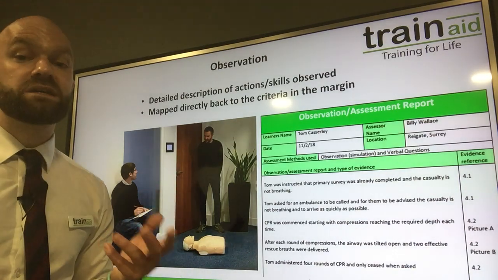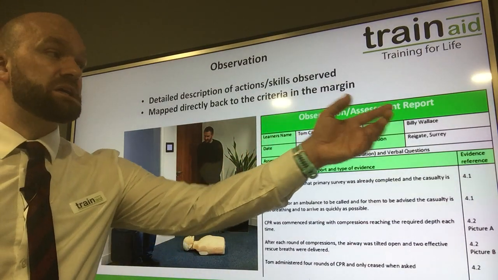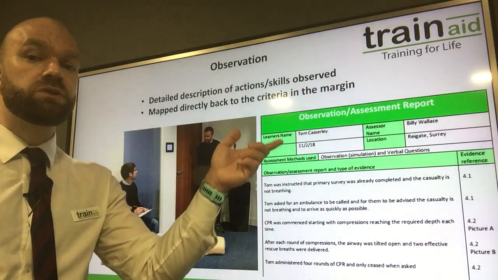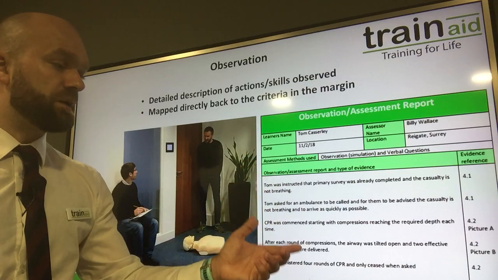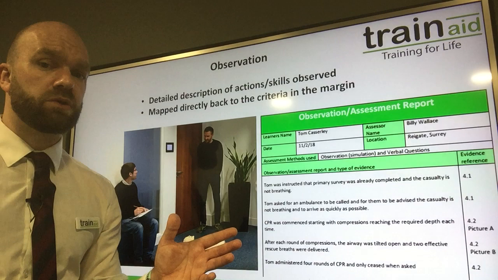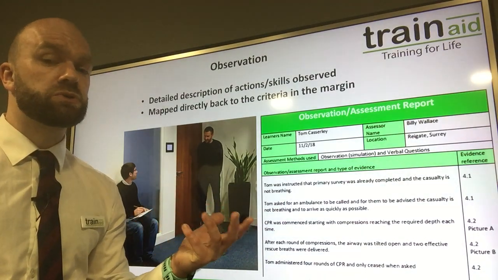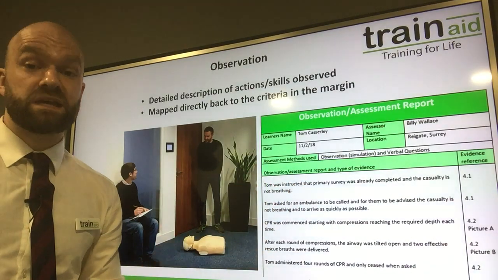Now you as the assessor will have an observation and assessment report there. You have the details that you do need to fill in and the observation notes as well. This is very much writing what you see. So looking at your learner, your assessor, your colleague, and see how they are carrying out the assessment.